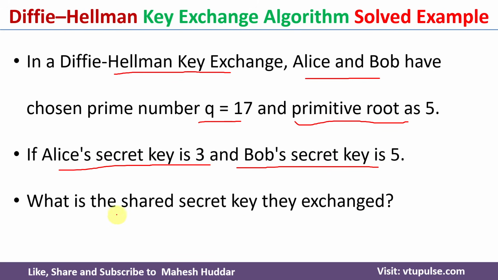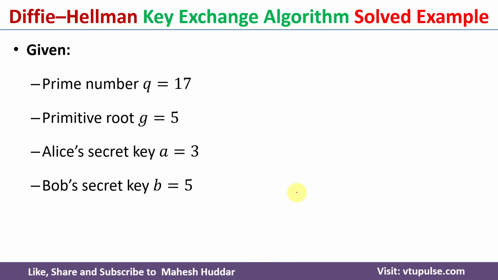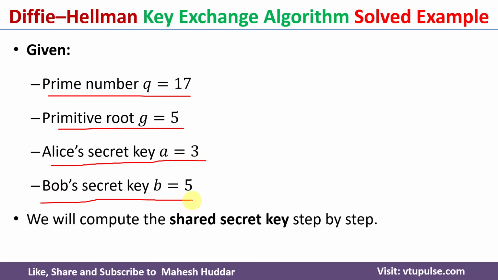We need to compute the shared secret key they exchanged. These are the values given in the problem definition: prime number Q = 17, primitive root G = 5, Alice's secret key A = 3, Bob's secret key B = 5. We will compute the shared secret key step by step.